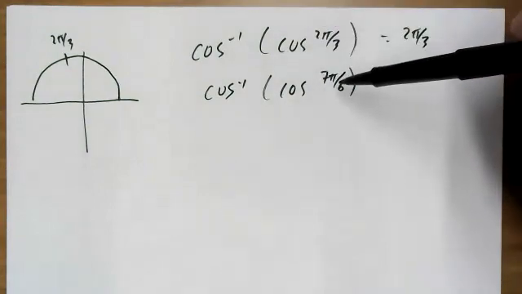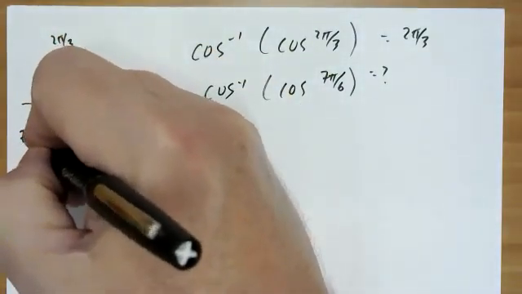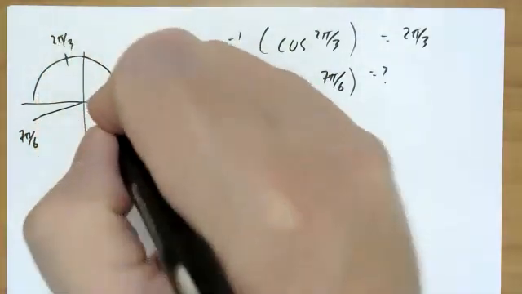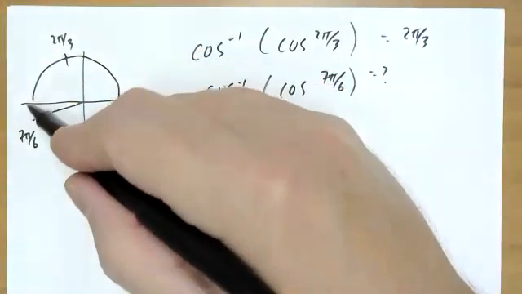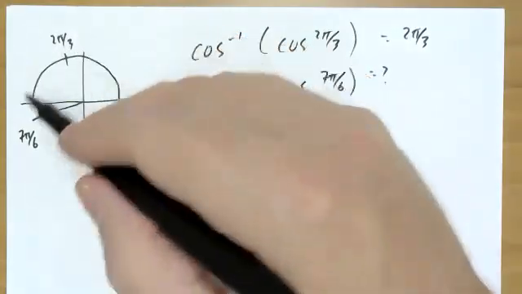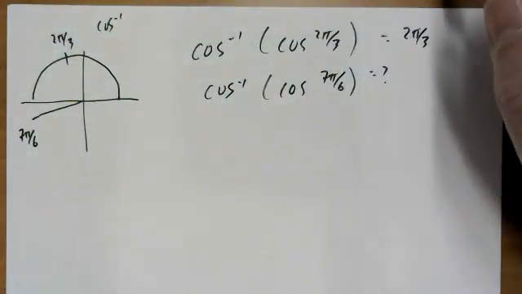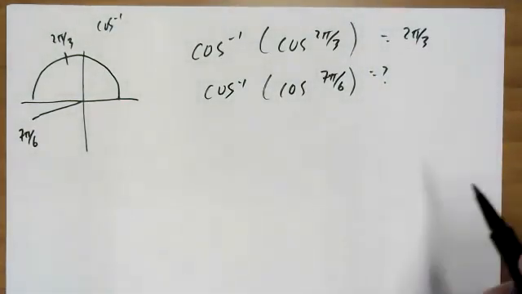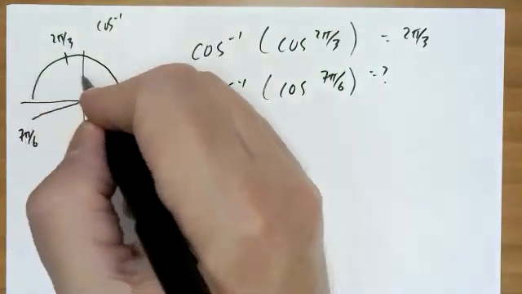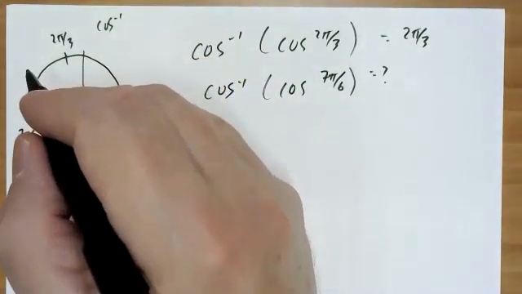Now I'm looking at 7 pi over 6. 7 pi over 6 is right about here. So this original angle is not in my allowed or okay region for inverse cosine. So what I do is I'm going to go find the reference angles in quadrants 1 and 2.